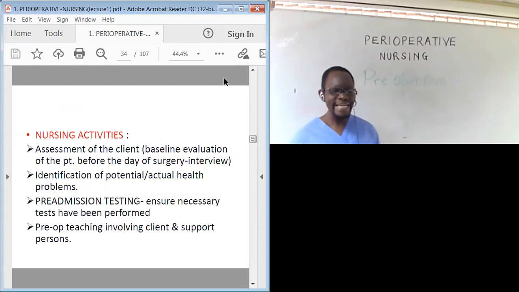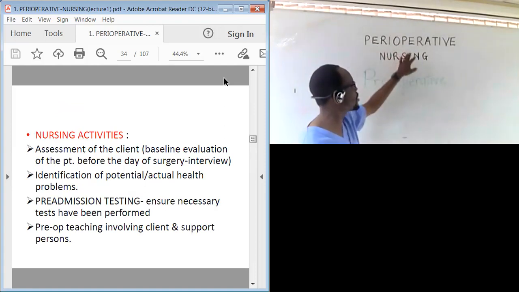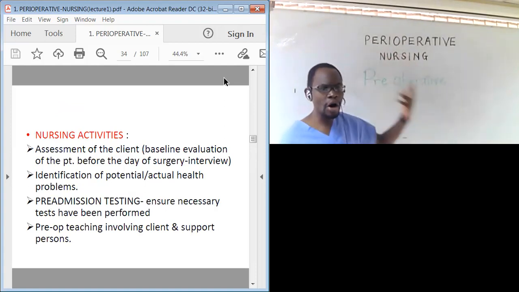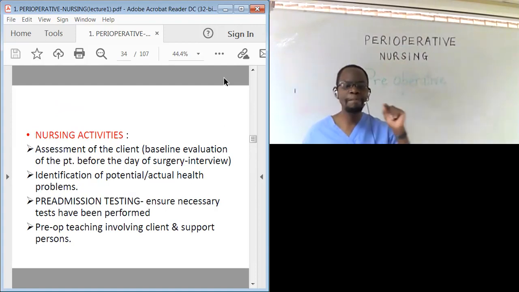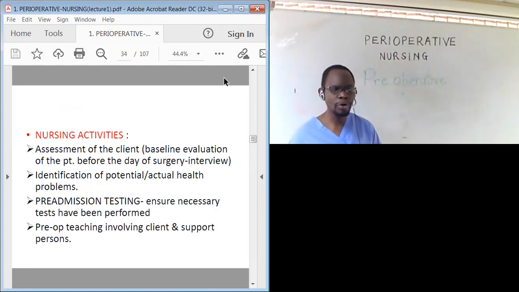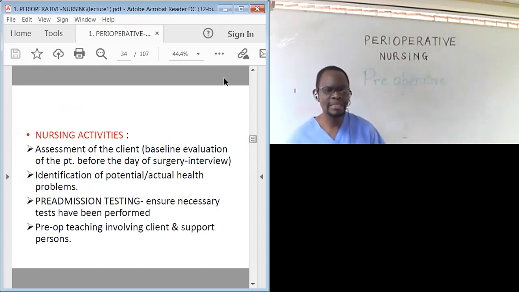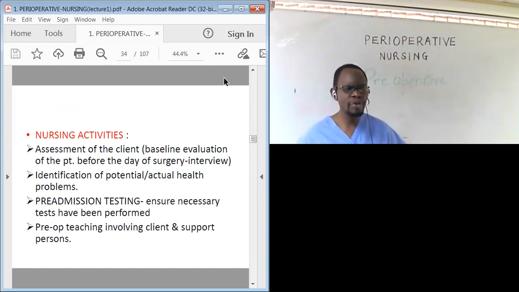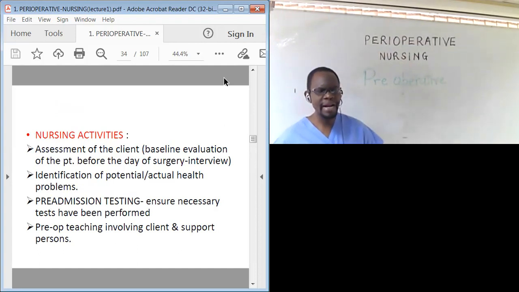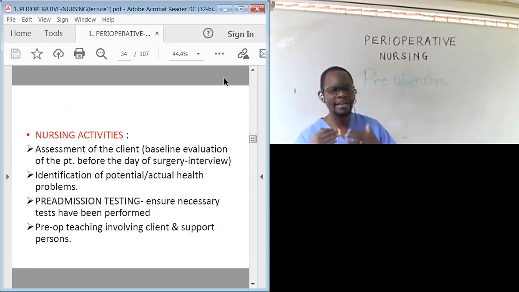So, what are the different nursing activities? Remember, we are looking at perioperative nursing, and the nurse needs to play a role as far as the preoperative phase is concerned. The different nursing activities, we shall look at them in detail.